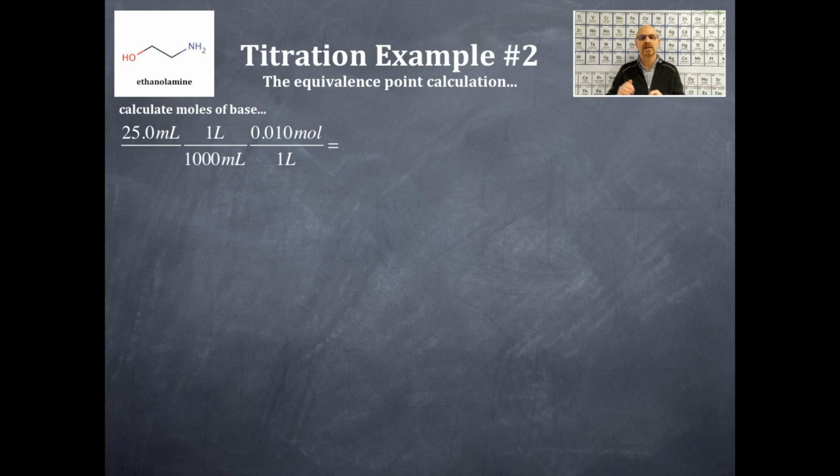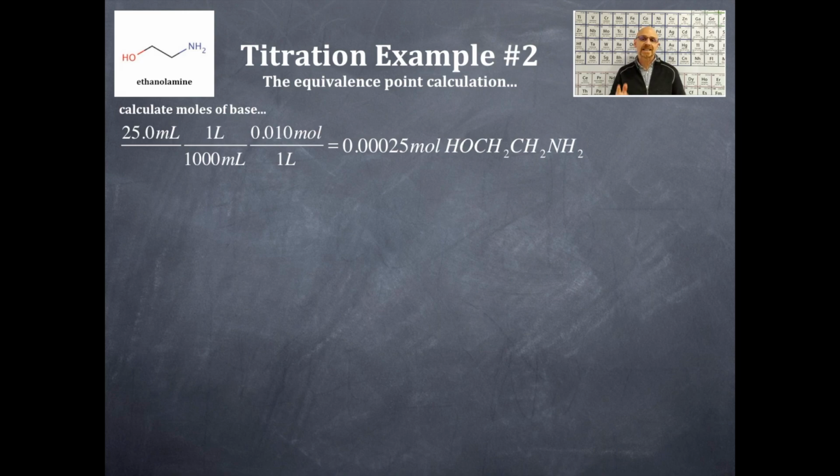The third and final unit conversion is the molarity, which is 0.010 moles per 1 liter. Now our liters cancel out, and we have moles of ethanolamine, which is 0.00025 moles of ethanolamine, and that formula is HOCH2CH2NH2.